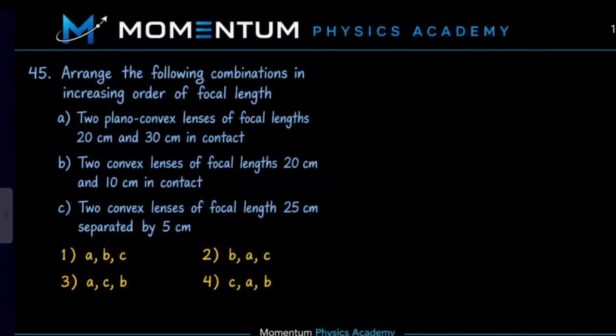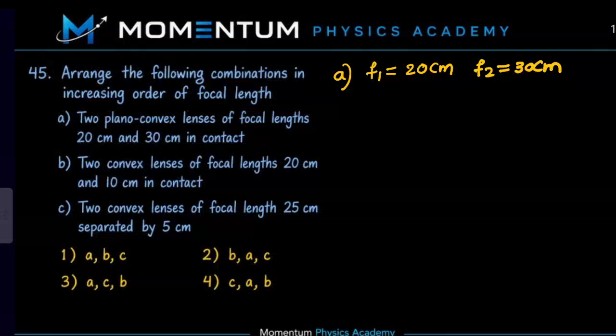Yes. Now here, first case. Now they given the two lenses having focal length how much, you tell me now? So F1 is given as 20 and F2 also given 30 only. F1, F2 given 30. Yes, sir.